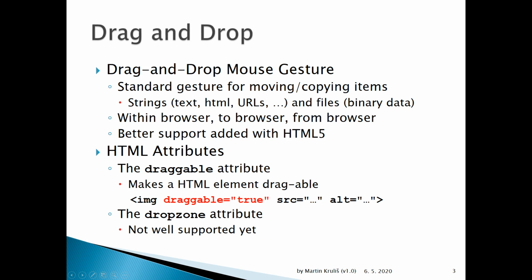You can add it to all HTML elements which should be draggable, so all these elements should be movable by mouse drag and drop gesture. There is also this drop zone attribute, which should designate drop zone areas, meaning the elements where some dragged item can be dropped. However, to my best knowledge, this attribute is not widely supported amongst the browsers, so I don't recommend using the drop zone yet.